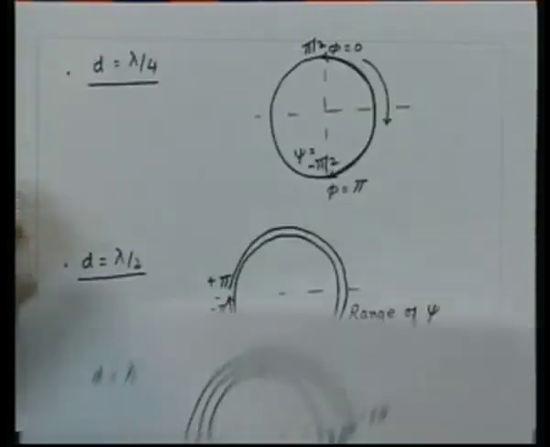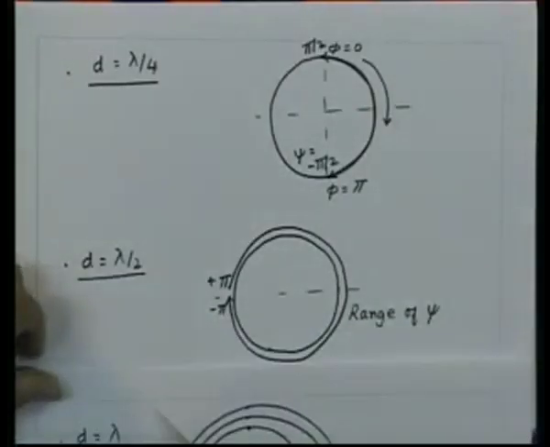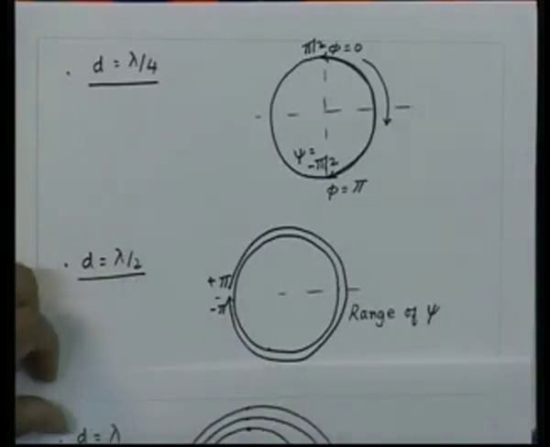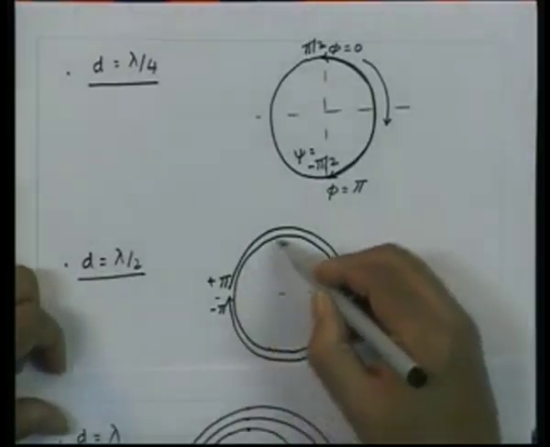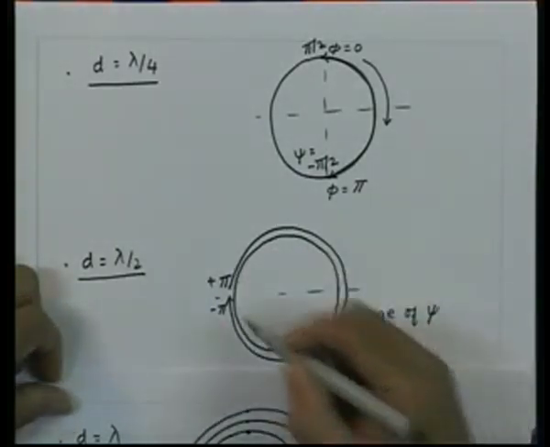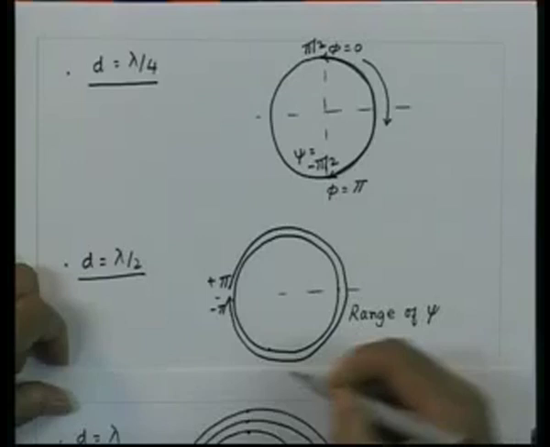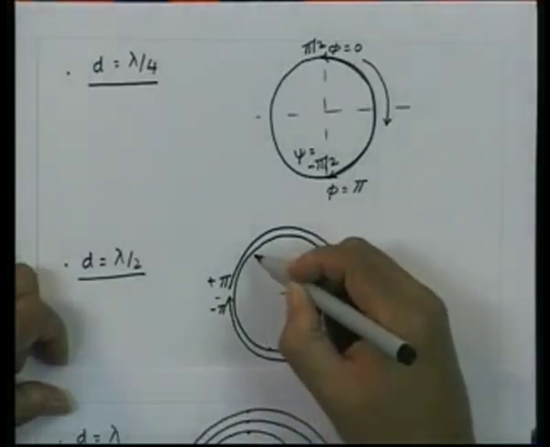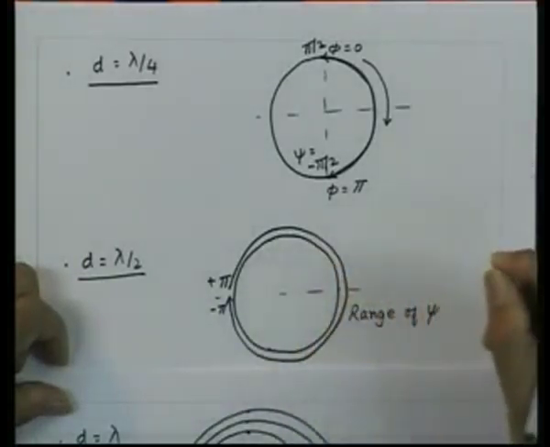So the optimum inter-element spacing is d equal to lambda by 2, because in this case you cover the entire range of psi, which is from 0 to 2 pi or minus pi to plus pi, and at the same time you still have independent control of every point on the radiation pattern.